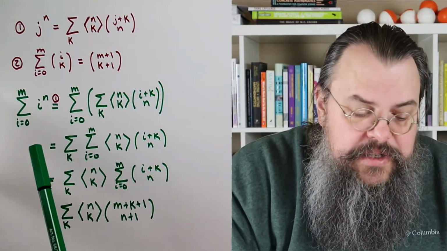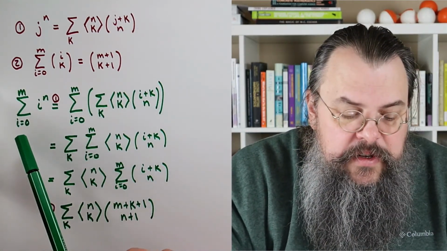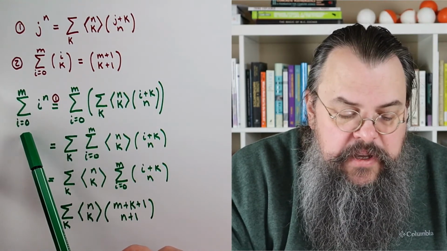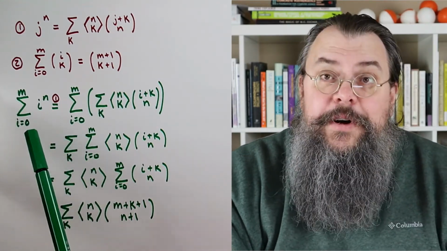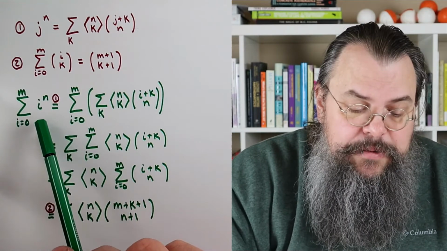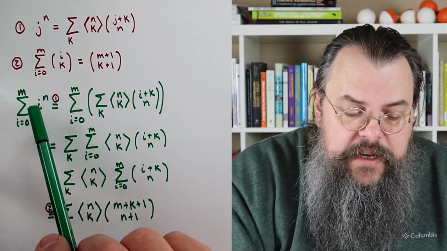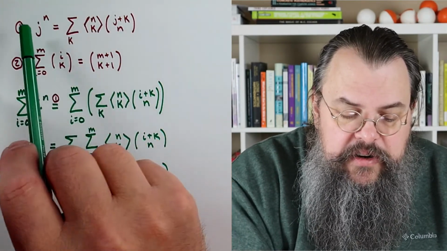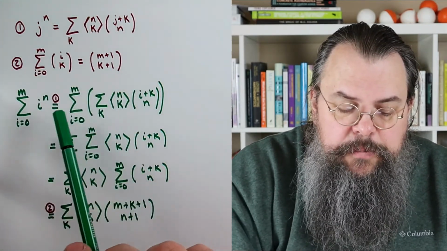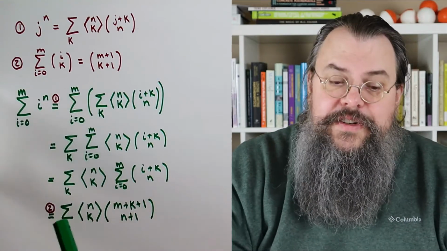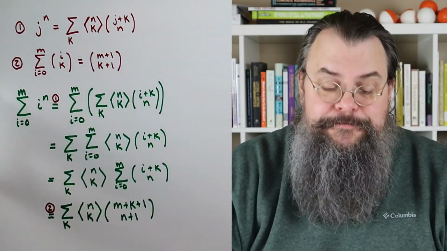So here's the idea. Step 1, we're going to take our sum, where we have our nth powers, and we're going to say, oh, look, this I to the power n, I can replace it here with Worpitzky's identity. So this 1 here is just saying by fact 1.